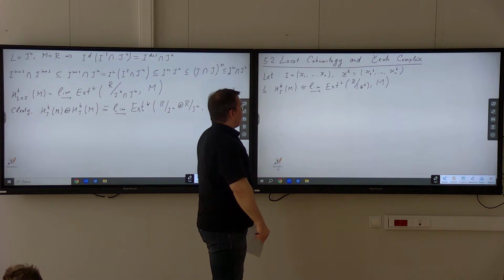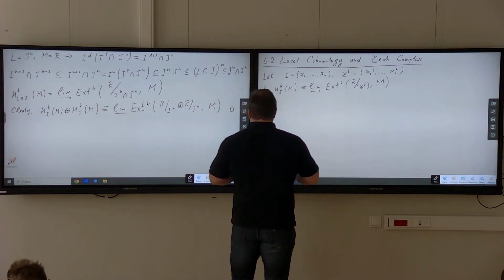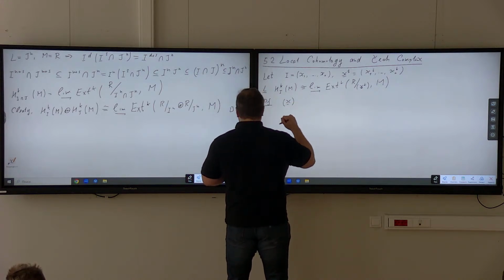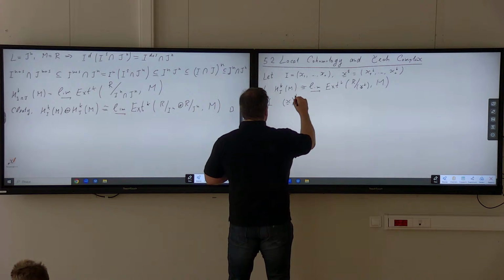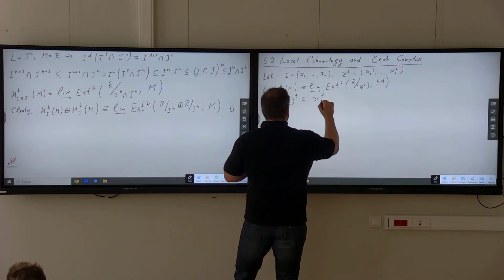Okay, so the proof is the same as before. The ideal generated by x to the t is contained clearly in the ideal generated by the powers.